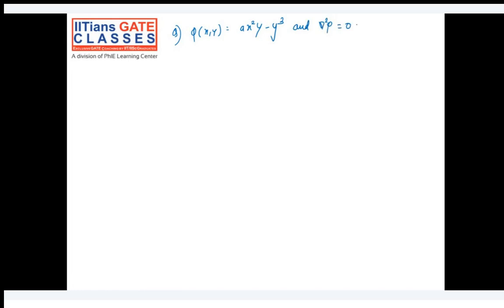Second: f bar is equal to (phi x plus 7z square) i plus (4x square plus lambda y) j plus (7z minus 2xy) k, and it is solenoidal.